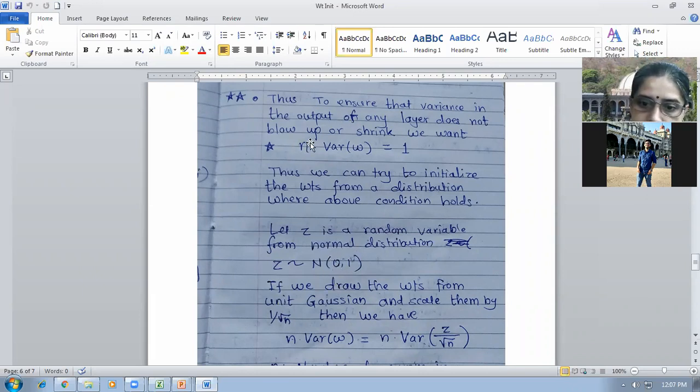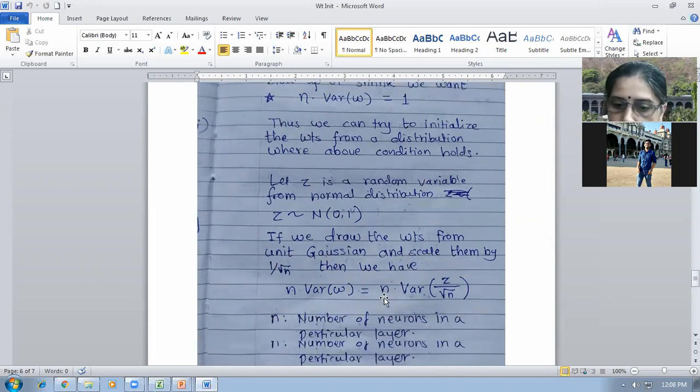In order to achieve this, we consider a normal distribution with variance 1, and we want n into variance w as 1. So we draw the weights from a unit Gaussian distribution and we scale them by 1 by root n, because we want to cancel this n so that we get n into variance w as 1.